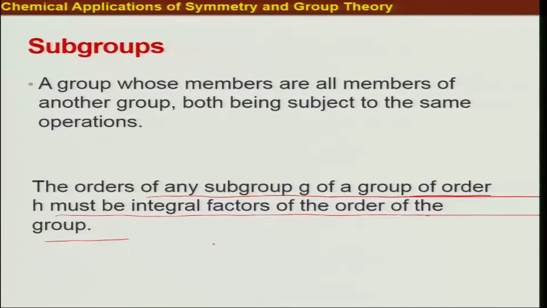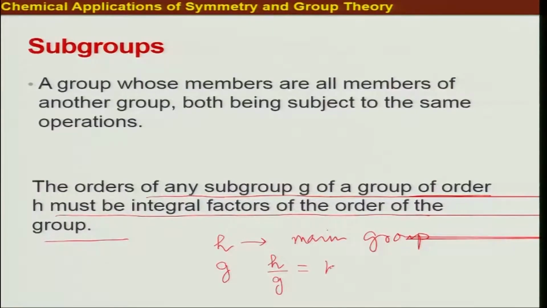So in other words, suppose I have the main group having an order H. If there is a subgroup, its order should be such that, if the order is G, then H by G equals K, where K is an integer. That is the condition of formation of subgroup G. So what does that mean?